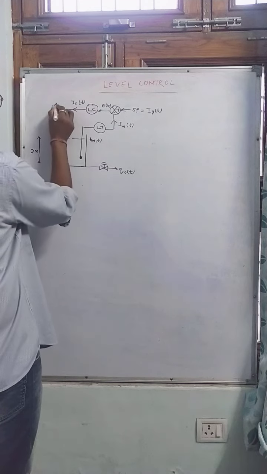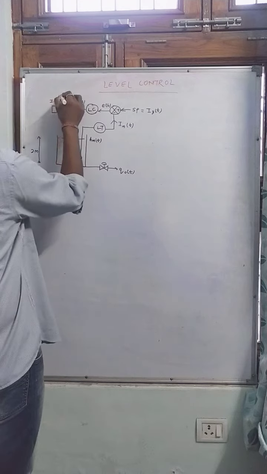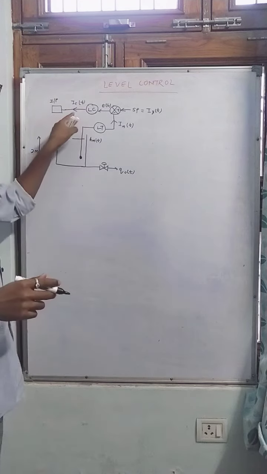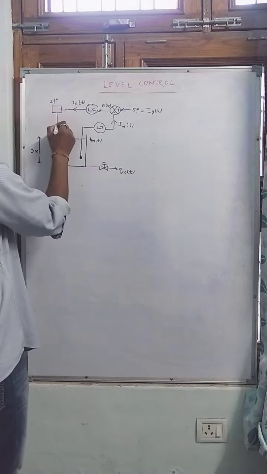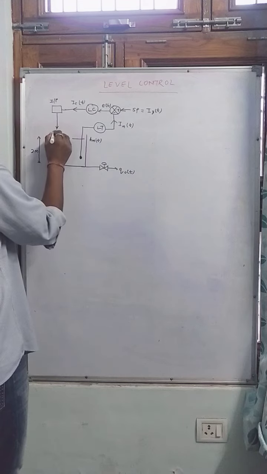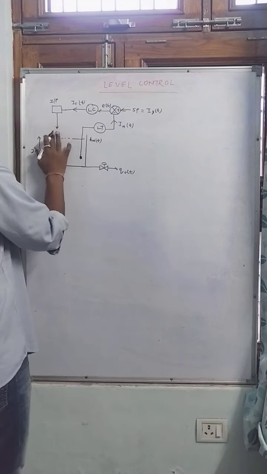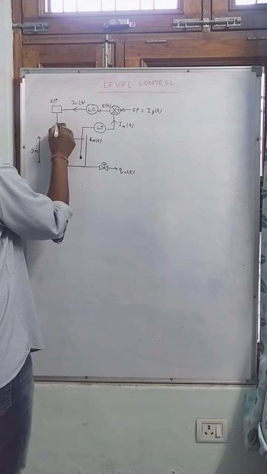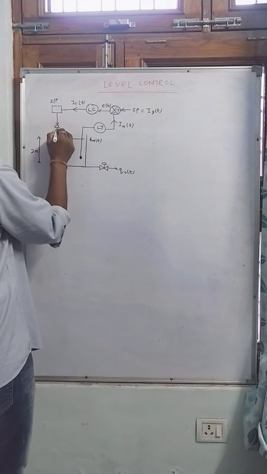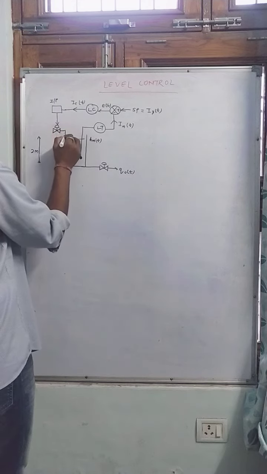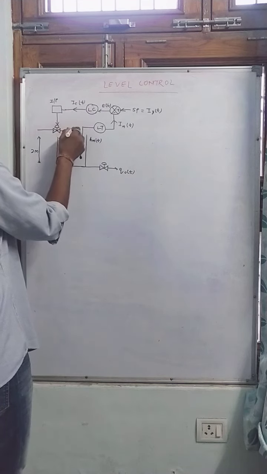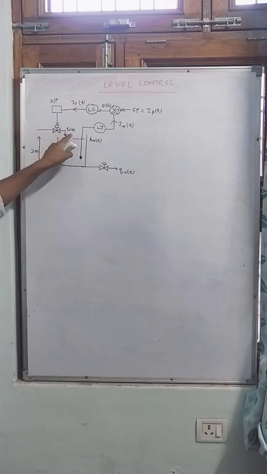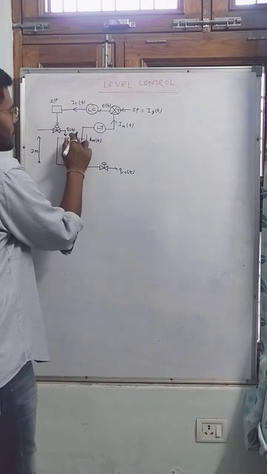This current will go to the I to P converter. I to P converter is nothing but it converts this current into pressure. Now this pressure is applied to the pneumatic valve, and this valve is for inflow in the tank.